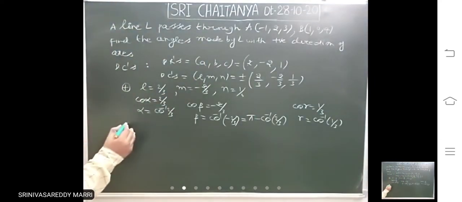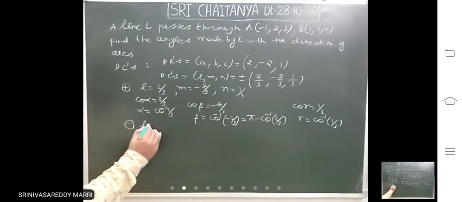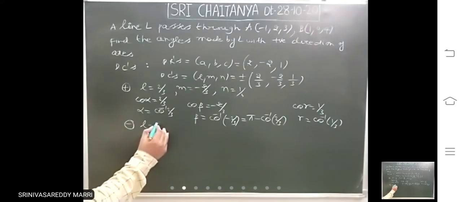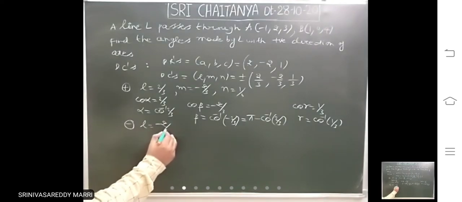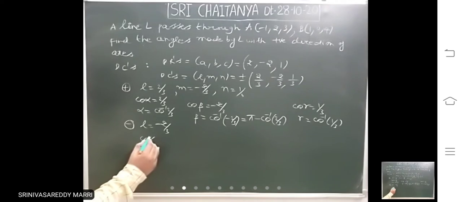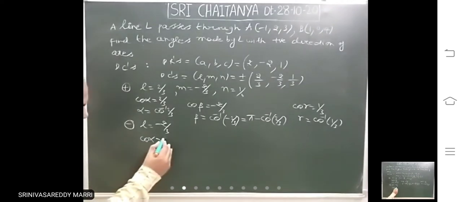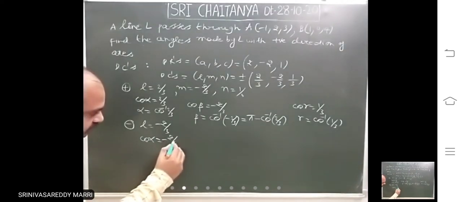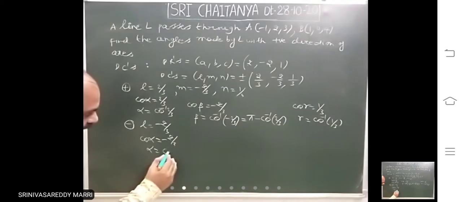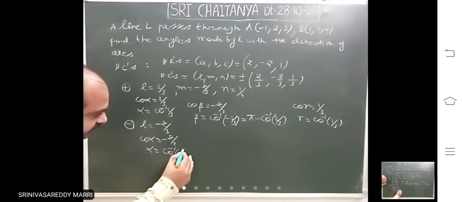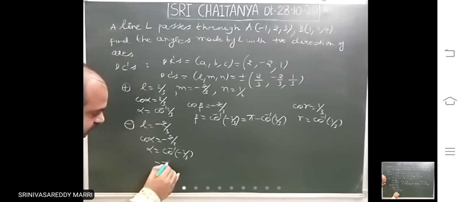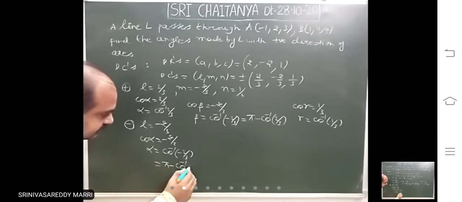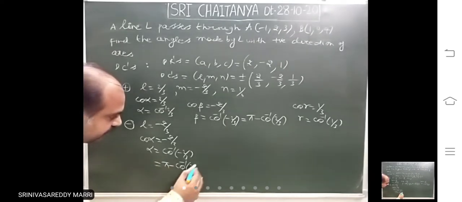If you take minus, cos alpha equals minus 2 by 3, so alpha is cos inverse minus 2 by 3, which is pi minus cos inverse 2 by 3.